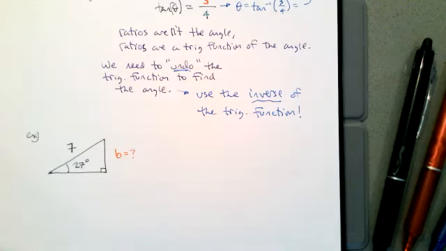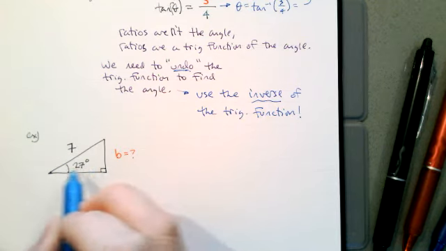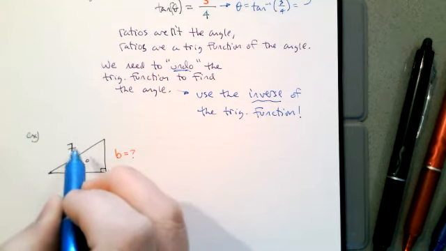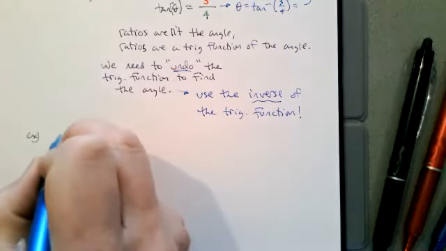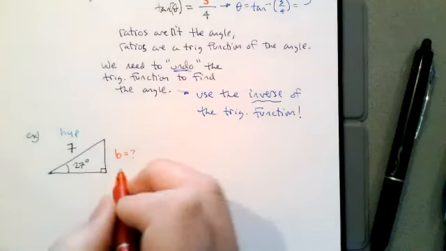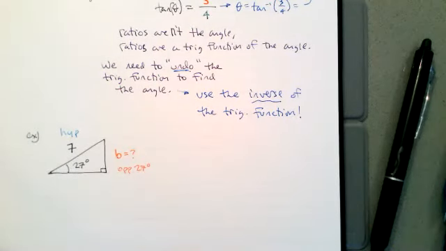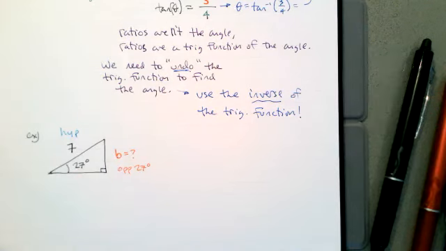So what I have is an angle, B, which is the side opposite the 27, and 7, which is the hypotenuse. So B is opposite the 27. The side that I'm looking for is opposite the 27, and I also have the hypotenuse.